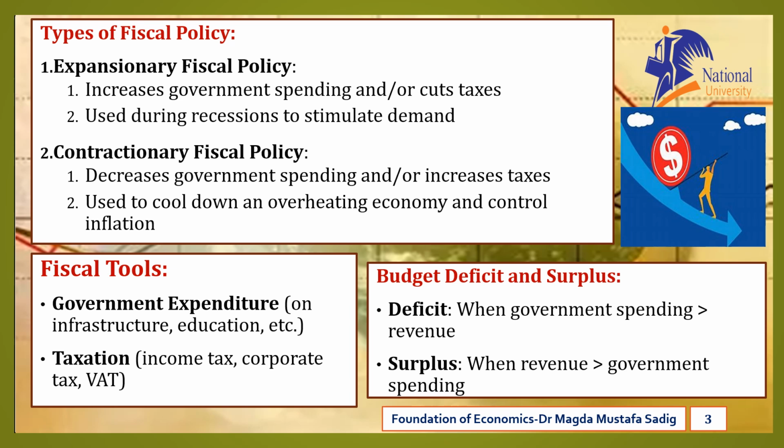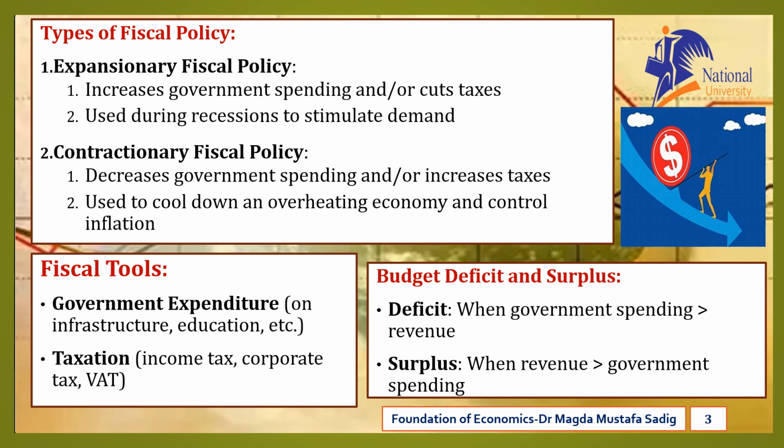So governments use two main tools to carry out fiscal policy. The first one is government expenditure, and the second one is taxation.